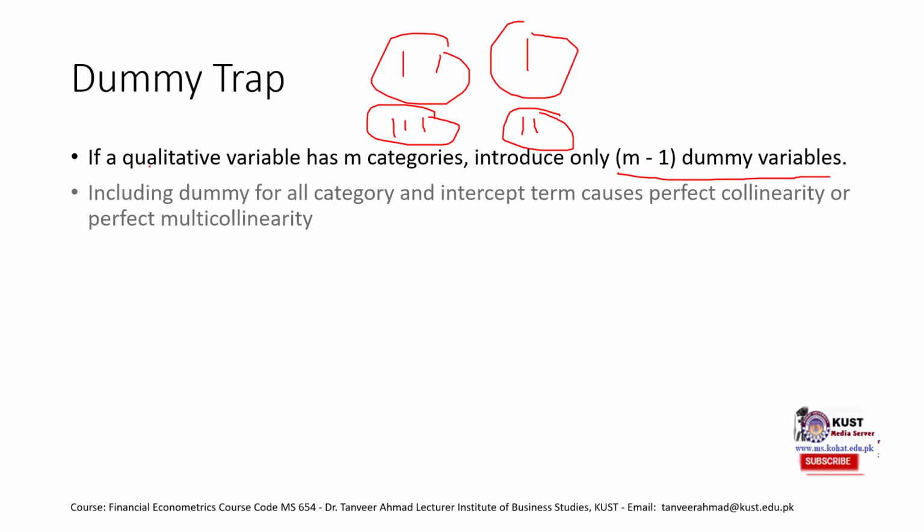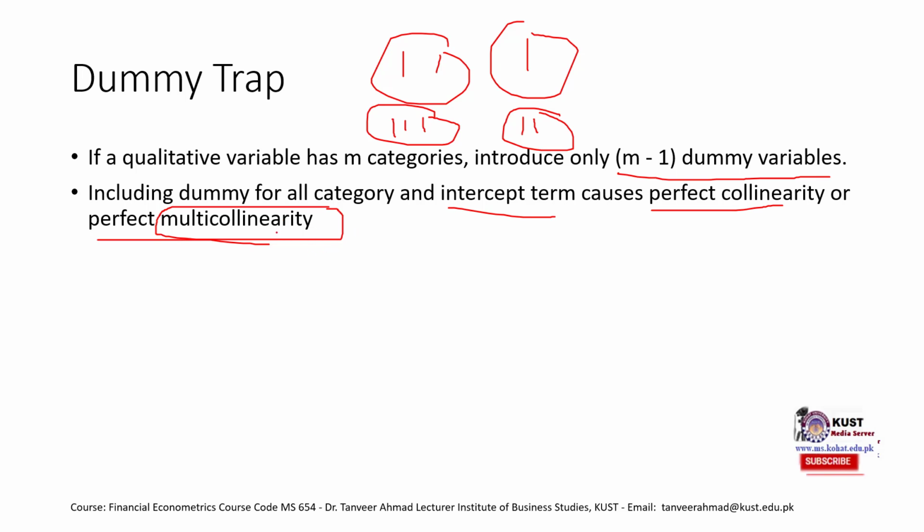And why is that? If we include all 3 dummy variables in this case, and also have the intercept term, then that would cause perfect multicollinearity. And you have seen that perfect multicollinearity is a violation of OLS assumptions.